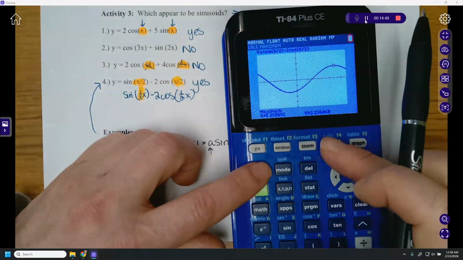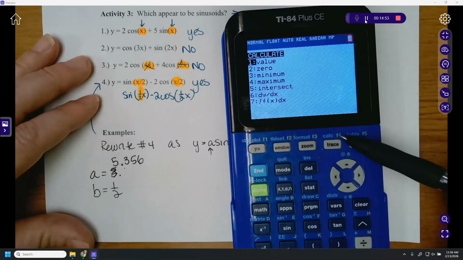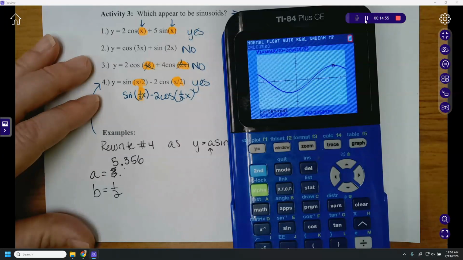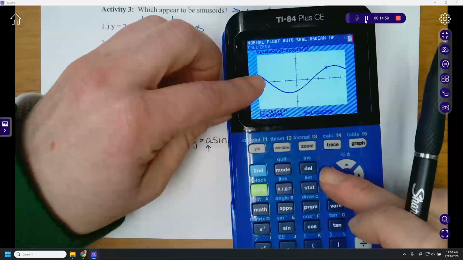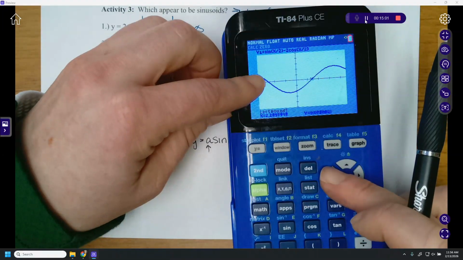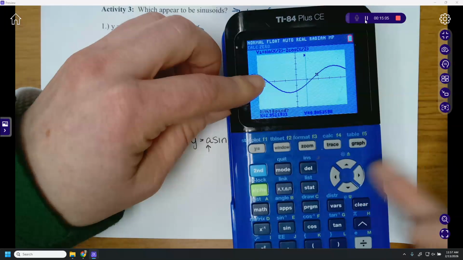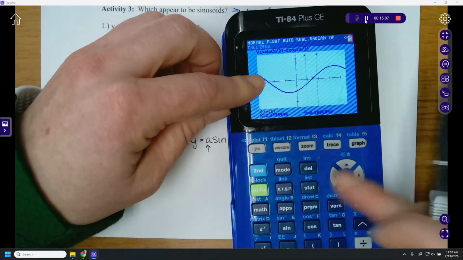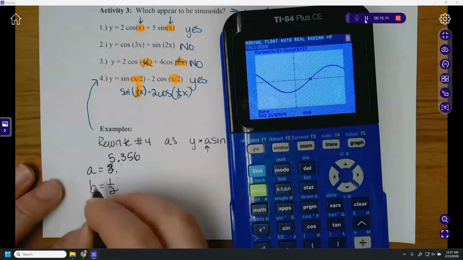So I'm going to go to my menu again. Second calculate, second calc, and this is called a zero. I need to get to the left side of my zero, hit enter, the right side of my zero, hit enter, and back to the middle. This zero occurs at 2.214.